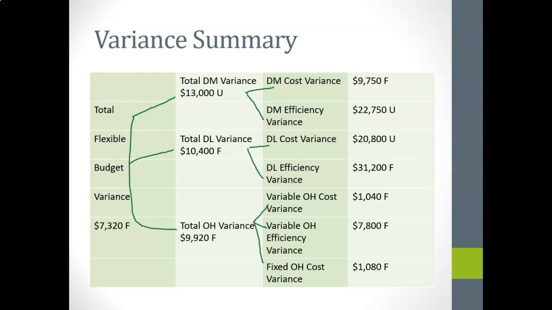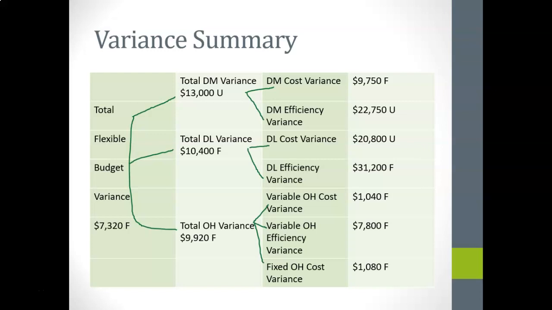So on the right-hand side, we had the direct materials cost variance of $97.50 favorable, the direct materials efficiency variance of $22,750 unfavorable. We did that in the previous slideshow. Together, those explained a $13,000 unfavorable total direct materials variance.